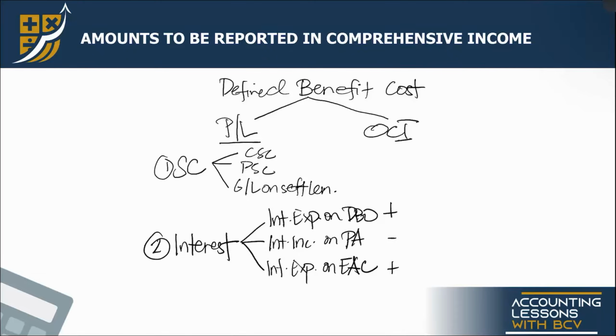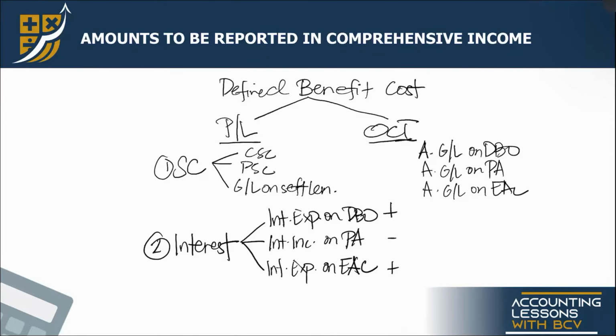Tama? Ayan. Alright? Then, pagdating kay OCI naman, ang laman talaga niyan ay puro actuarial gains and losses. So, nandito yung actuarial gains and losses on DBO, actuarial gains and losses on plan assets, and actuarial gains and losses on the effect of asset ceiling.